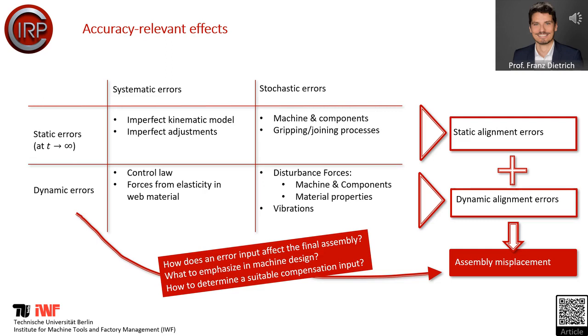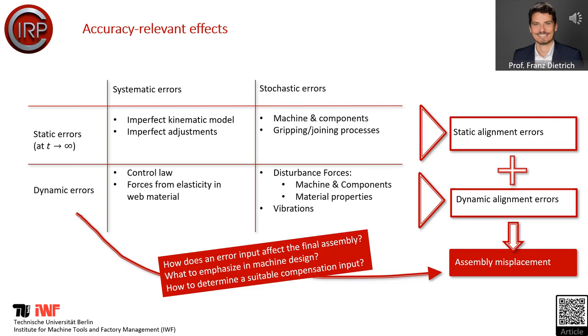So we see, for example, effects of an imperfect kinematic model, imperfect adjustments in the machine, tracking errors from the control law, forces from elasticity in the web material. We also see errors that arise from poor machine design and components.